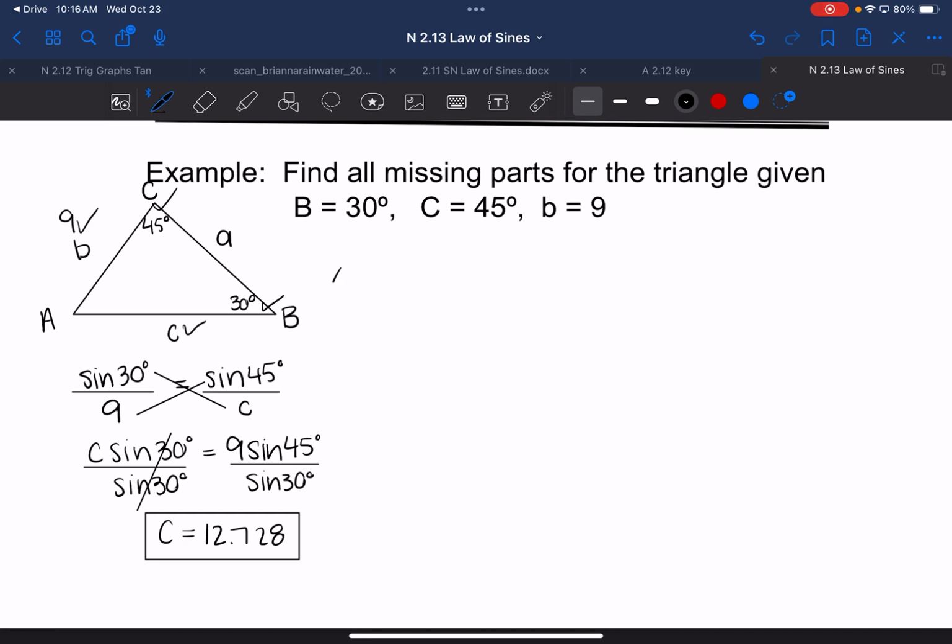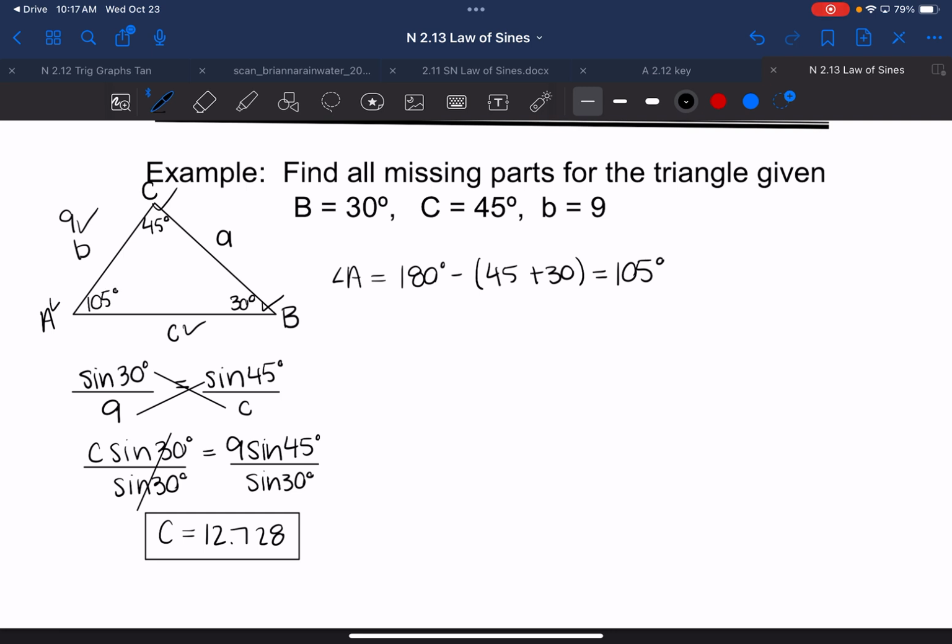Right. Okay, so angle A could be found by taking 180 degrees and subtracting out the 2 angles that we do know, which are 45 and 30. All right, so if we subtract out 45 and 30 from 180, what must angle A be? 105. All right. So now we know angle A is 105.